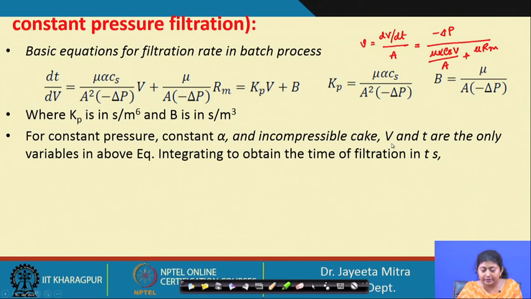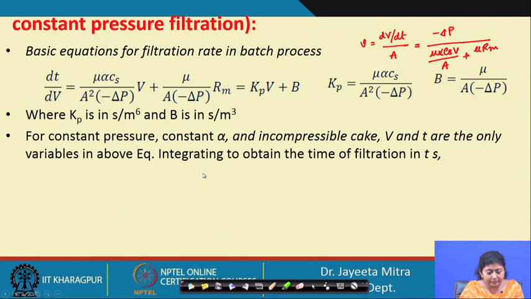Capital V, that is the volume of the flow that has taken place in time t. These are the only variables in this equation. So, if we want to maintain the constant pressure, alpha we need to fix, and an incompressible cake we have to assume. The only things, V and t, are variable.